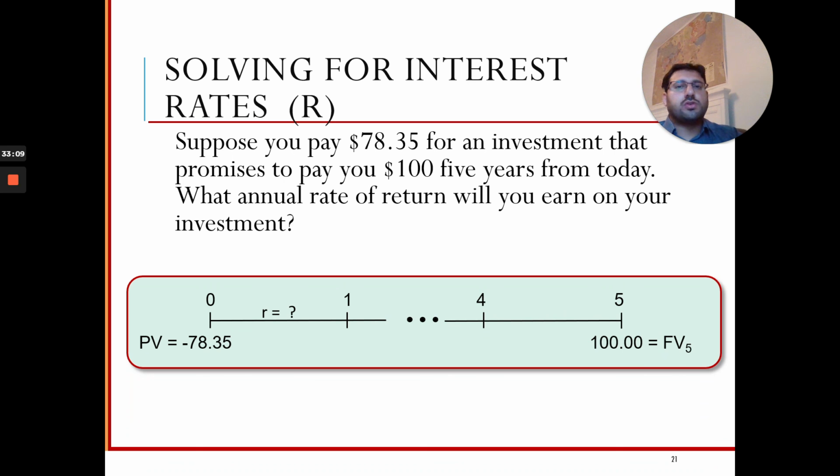Now, how to solve for the interest rate? It's very easy with the financial calculator rather than with the formula. So from here onward I'll keep using the financial calculator. Suppose you have 78.35 and you want to invest today, and after 5 years you will get $100. So what annual interest did you actually earn?